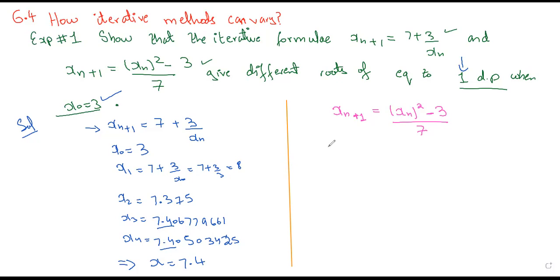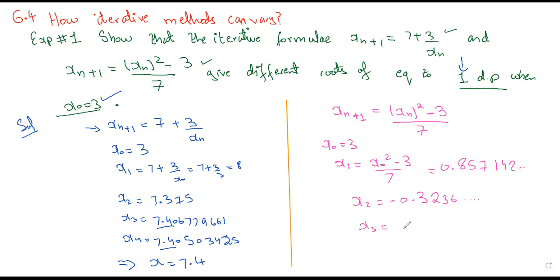Okay, that is perfect. Excellent. Let's do it together as well. X naught is 3. So for x1, you will use x naught square minus 3 by 7. That would be 0.857142, and so on. And then you will get x2 as minus 0.3236. I'm putting dots just for now because you have done it correctly, okay?